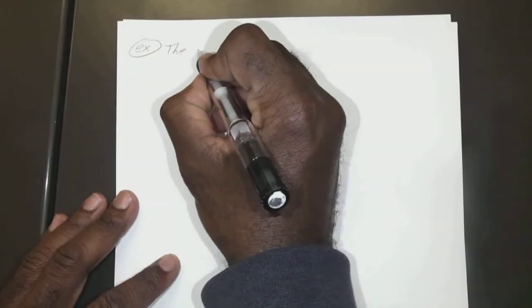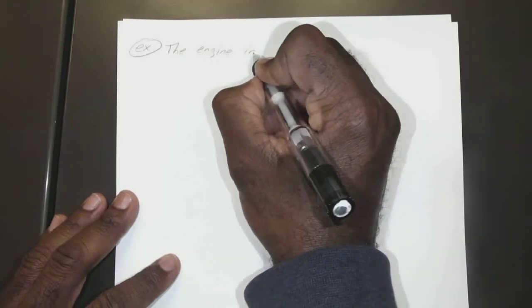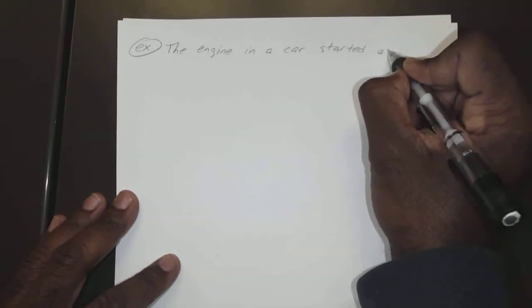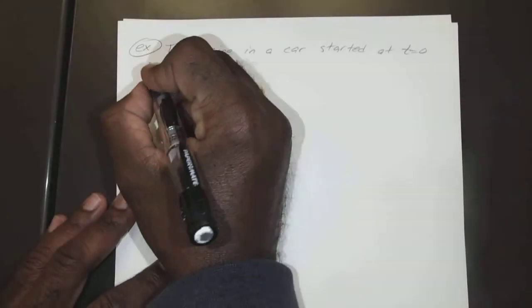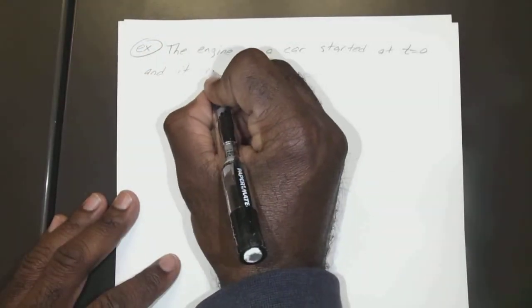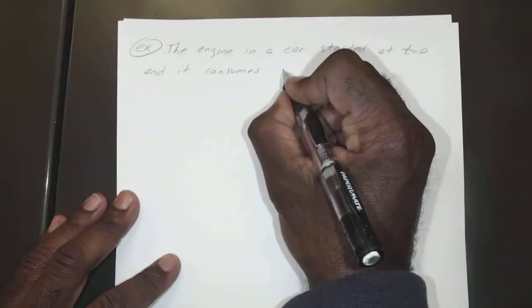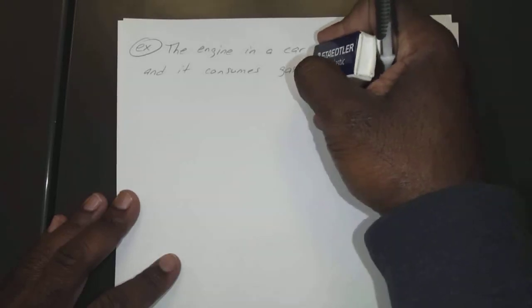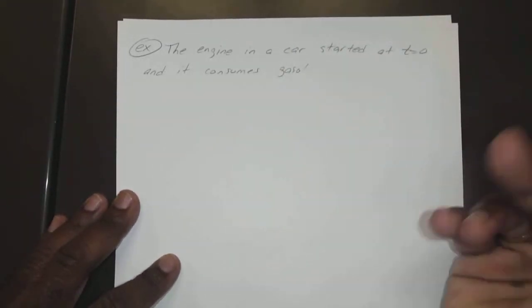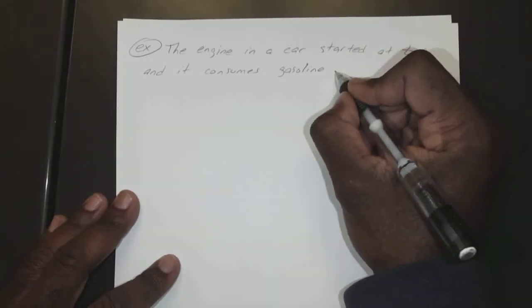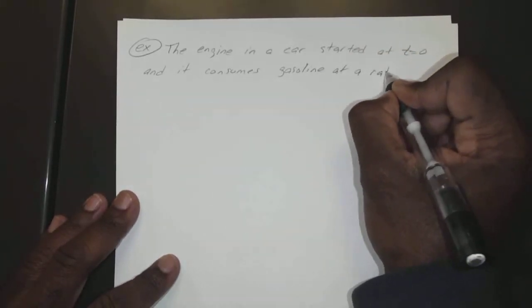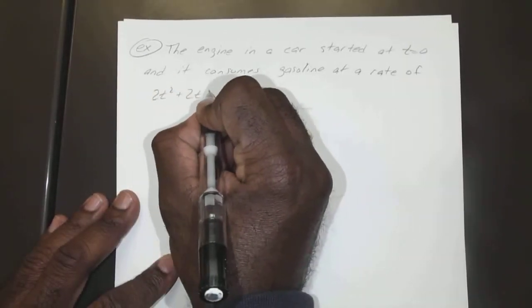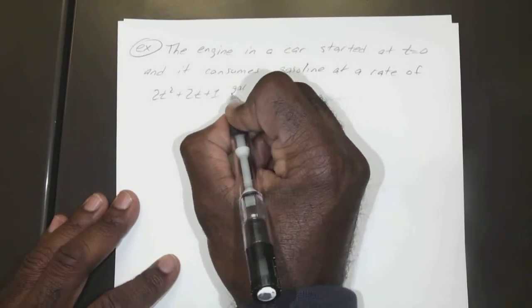Okay, so the engine in a car started at t equals 0, and it consumes gasoline at a rate of 2t squared plus 2t plus 1 gallons per hour.